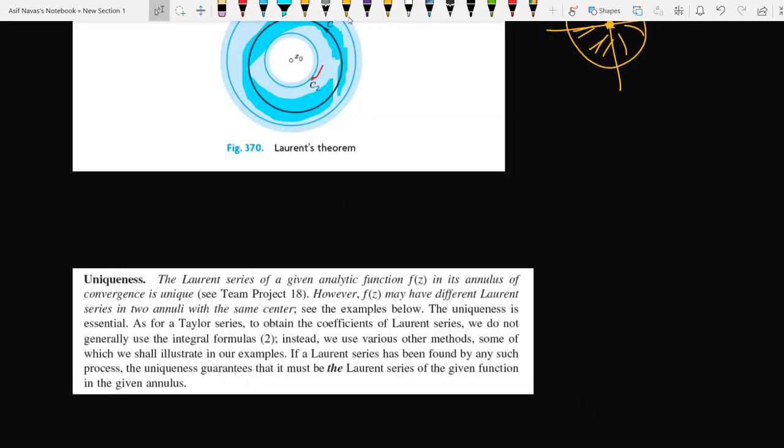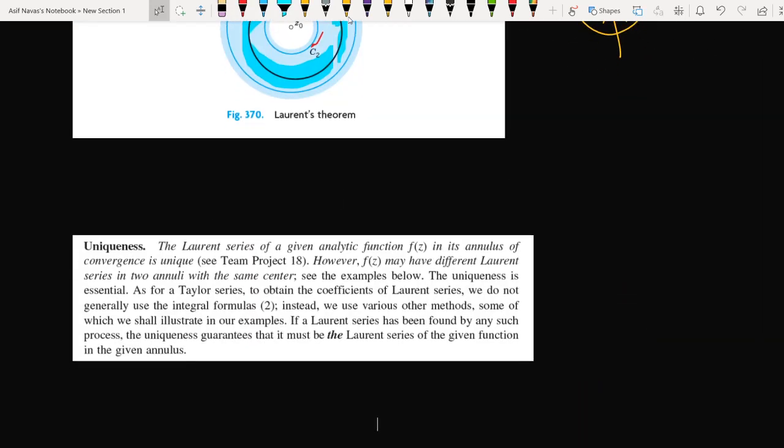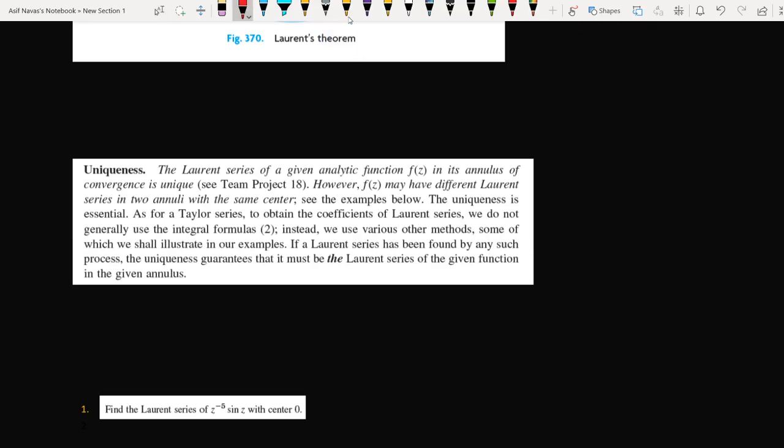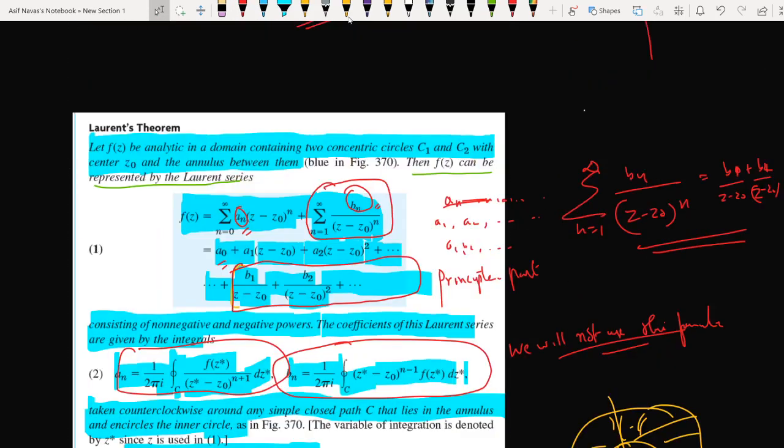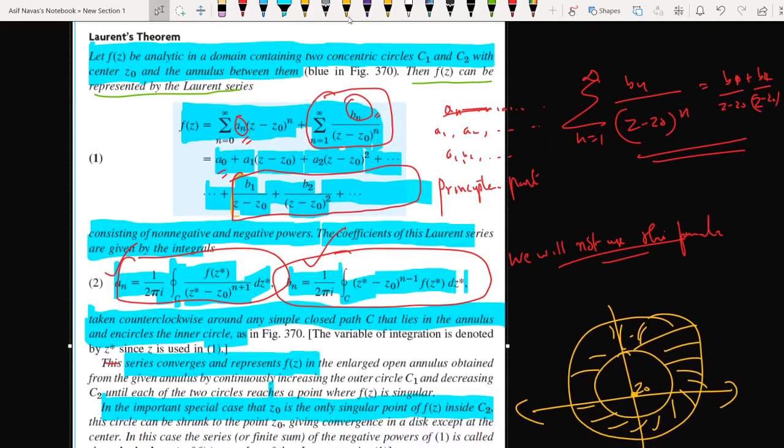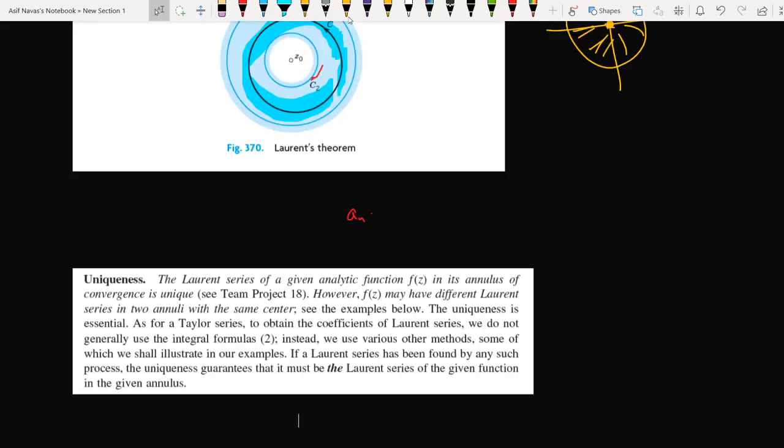So I told you that we will not use this formula for finding a_n and b_n, but rather we will use some techniques.